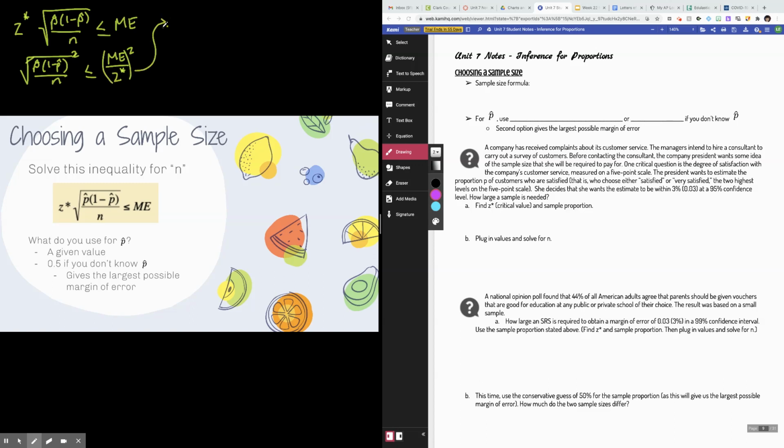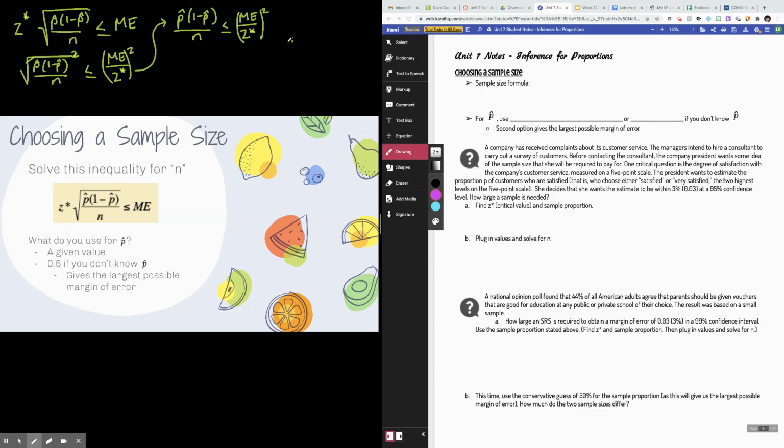So I end up with p hat (1 minus p hat) divided by n less than or equal to the margin of error divided by z star, squared.